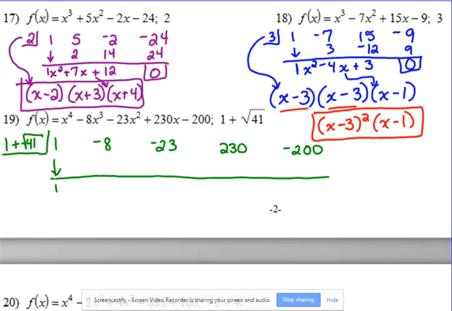When we multiply 1 times 1 plus the square root of 41, that's 1 plus the square root of 41. And then when we add, all we can add here is the -8 and the 1. So -8 plus 1 is -7. And we've got to put the square root of 41 right there.